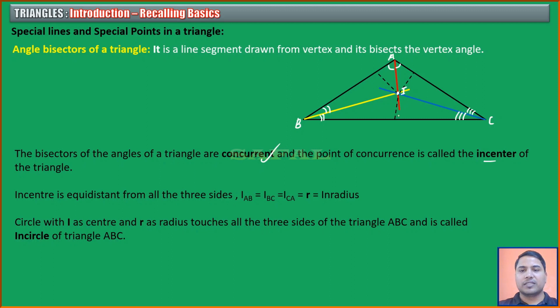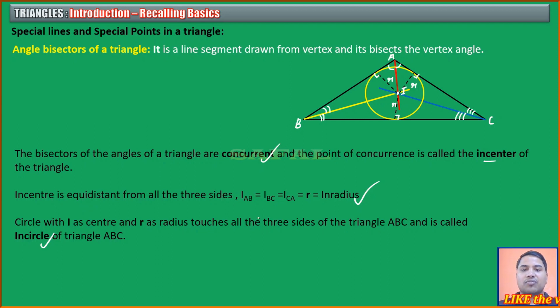Very important. Here we are looking at perpendicular distance. That equal distance we call inradius. Now taking I as center and this equal distance r as radius, if you draw a circle, it will touch all the three sides. That circle we call incircle of triangle ABC.